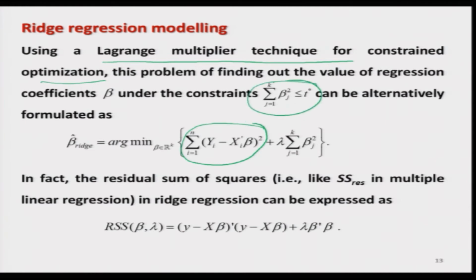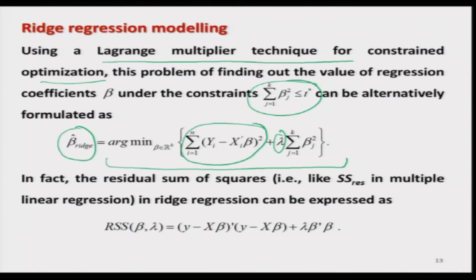I can formulate the value of beta obtained after optimizing this as the solution of beta, and it will be called the ridge regression estimator of beta, denoted as beta hat ridge. So, you have to minimize the sum of squares due to random errors subject to this constraint, and here lambda is a Lagrangian multiplier.